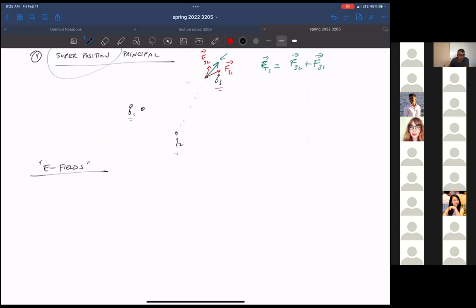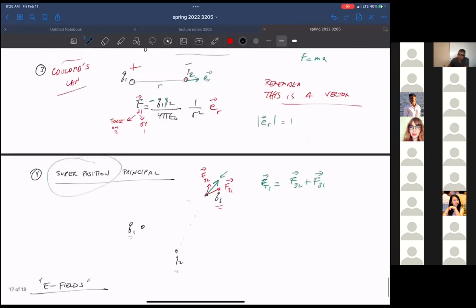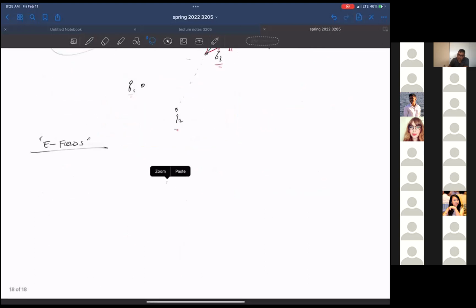And I made the claim that an electric field is really just a conceptual idea, and all it's doing is taking this equation, which is Coulomb's law, and bringing out this Q2. So let me just not change the charges, just keep it like that, or just erase it. Let's erase that.